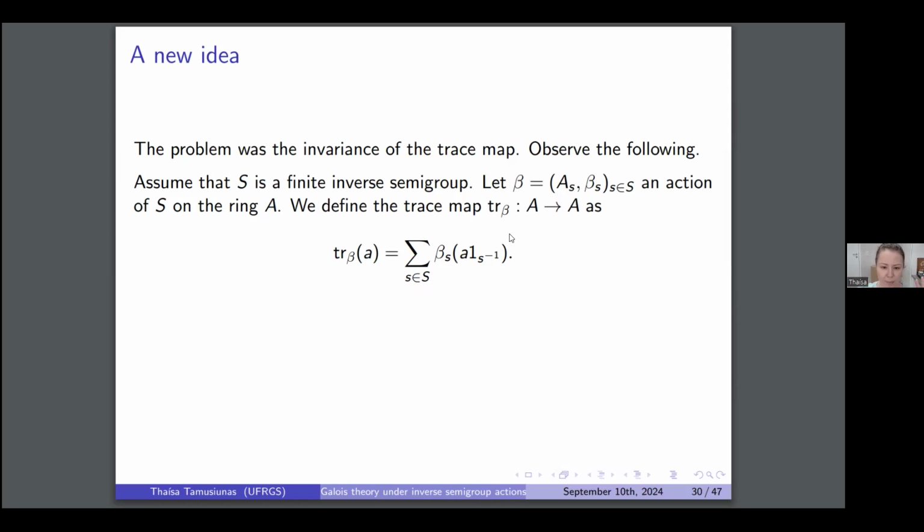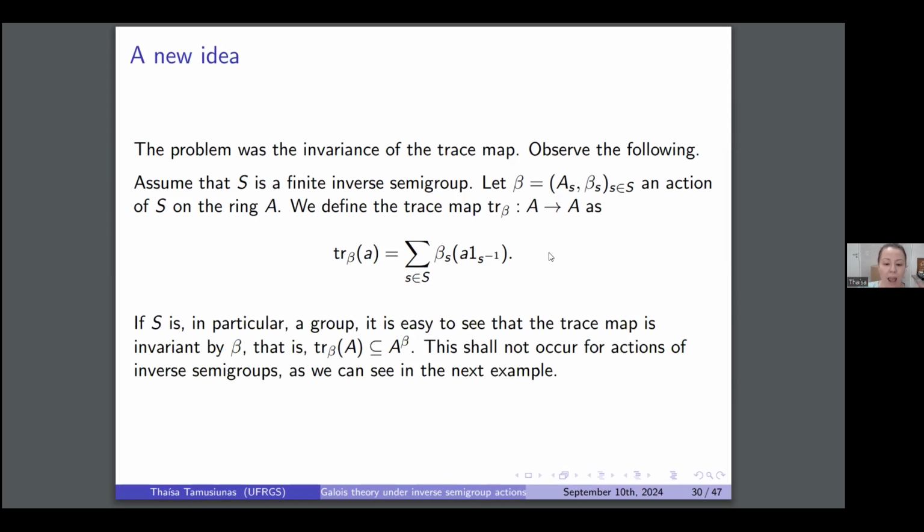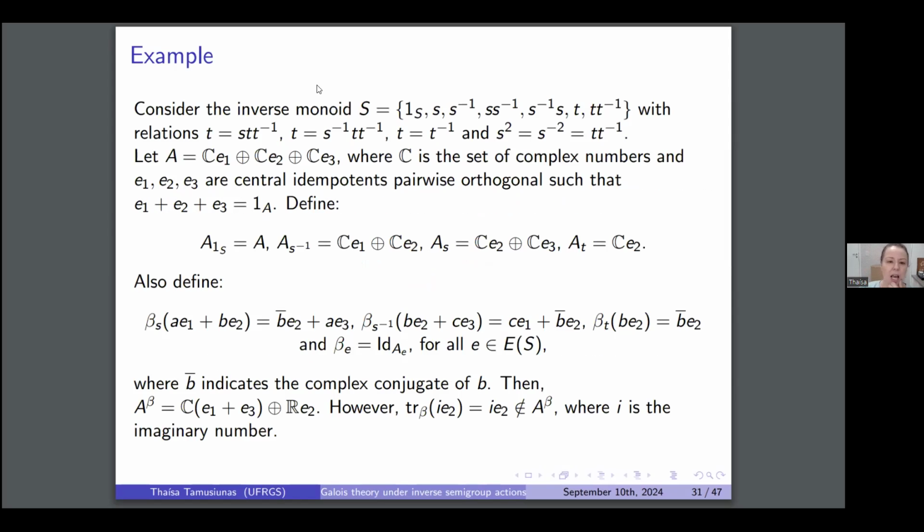This is the trace map. When S is in particular a group, it is easy to see that this trace map is invariant. But this shall not occur for actions of inverse semigroups. This map is not necessarily invariant.